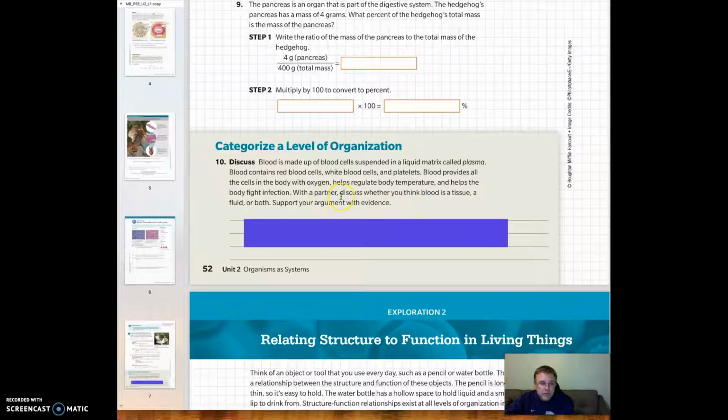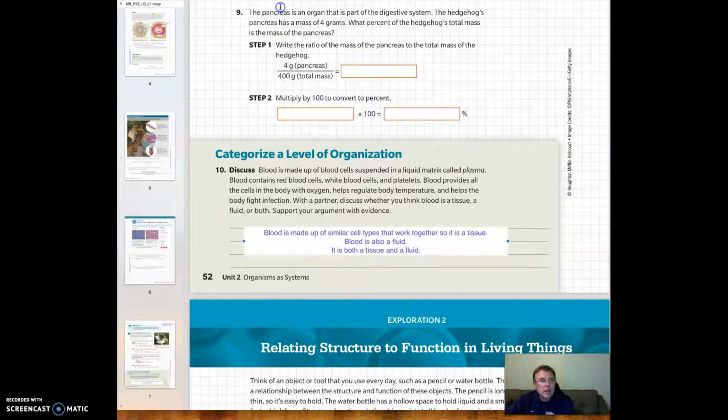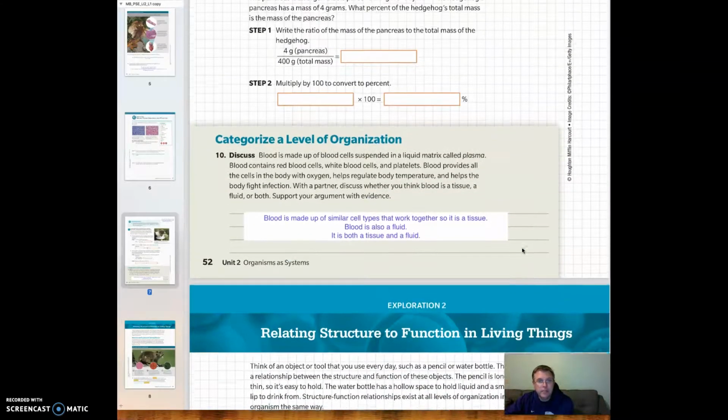So you're supposed to do this by yourself, just think about it, figure out if you think that blood is a tissue, a fluid, or both. So, blood, since it's made up of similar cell types that work together, we would consider blood to be a tissue. Since it is in a liquid matrix, we would also consider it to be a fluid, so it is definitely both a tissue and a fluid at the same time.